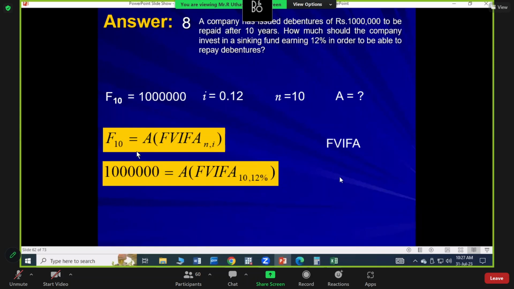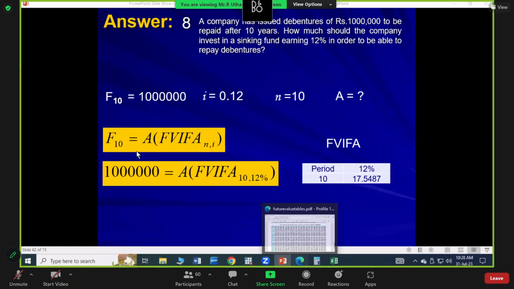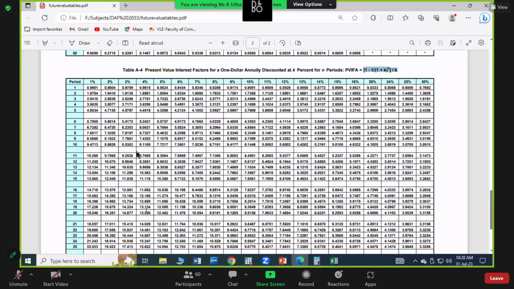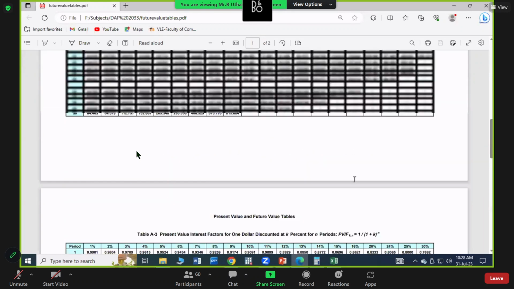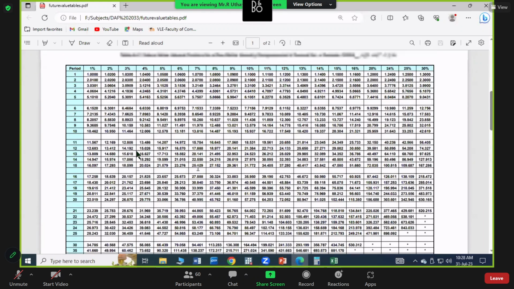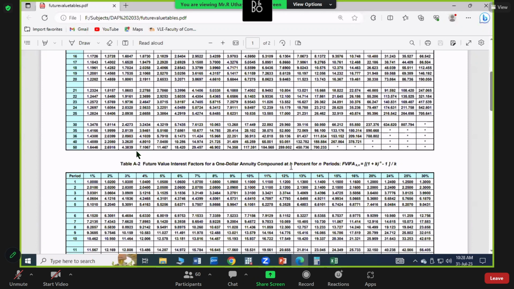So you can substitute the figures, but you want to obtain this value from the table. That is the future value. Table 2 should be taken: the future value interest factor of a $1 annuity at 12% for 10 years.